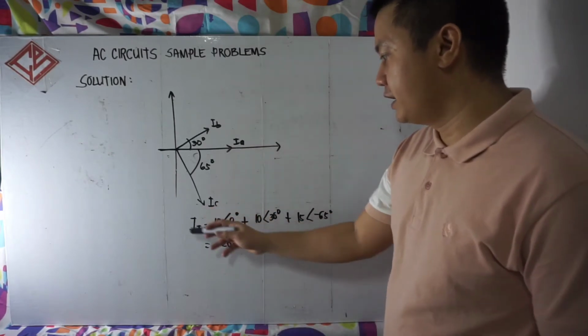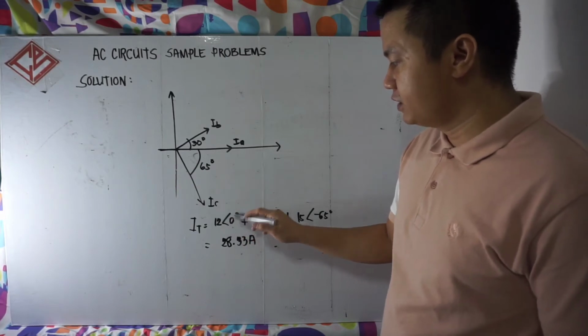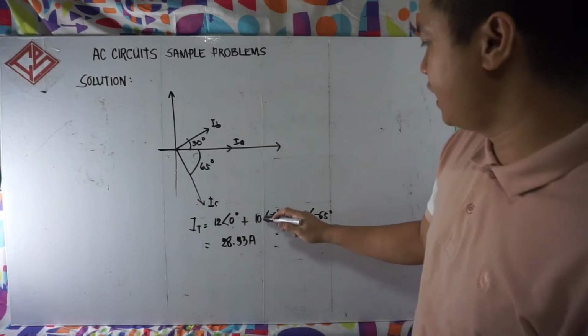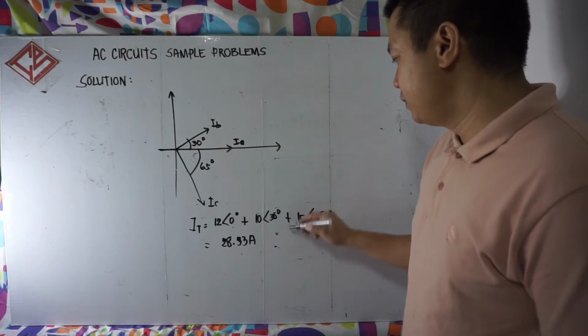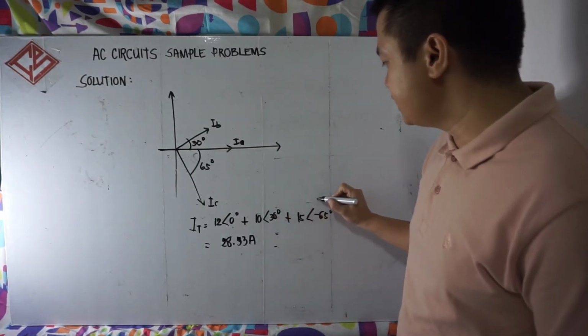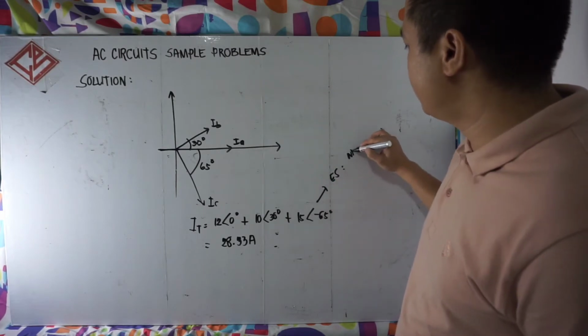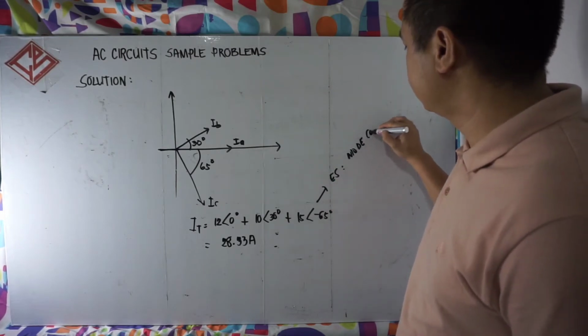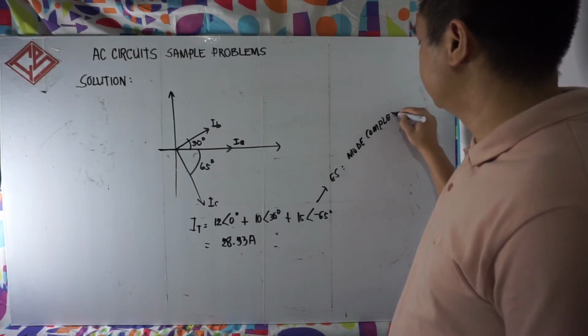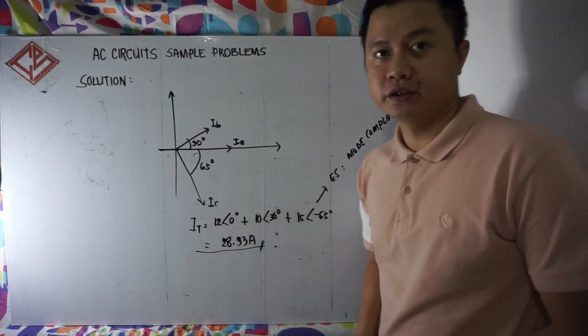So the total current will be equal to 12 angle 0 degrees, plus 10 angle 30 degrees, plus 15 angle negative 65 degrees. Inputting this in your ES calculator in mode complex, you will get 28.33 amperes.